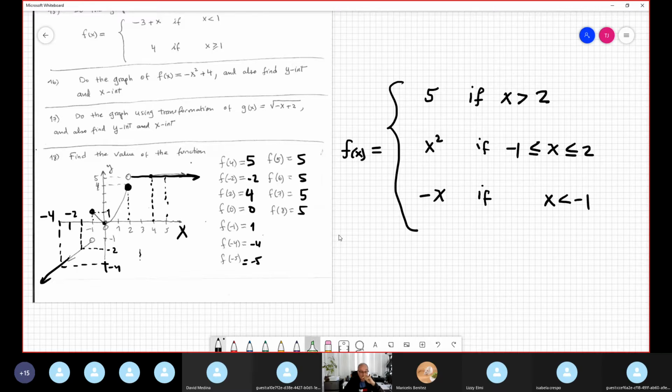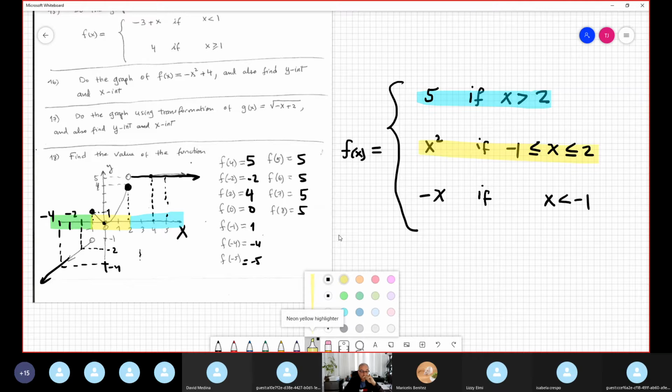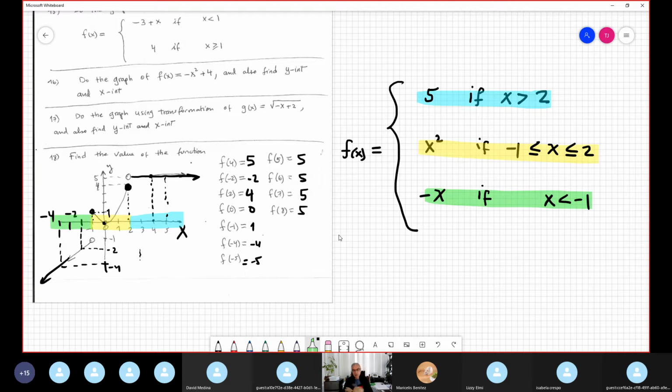So basically, we have this interval, that interval, and that interval. Blue, yellow, and green. But that part you don't need to do. I do it to maybe clarify a little bit.